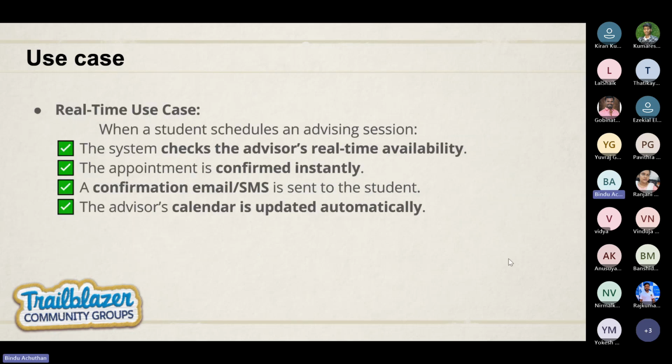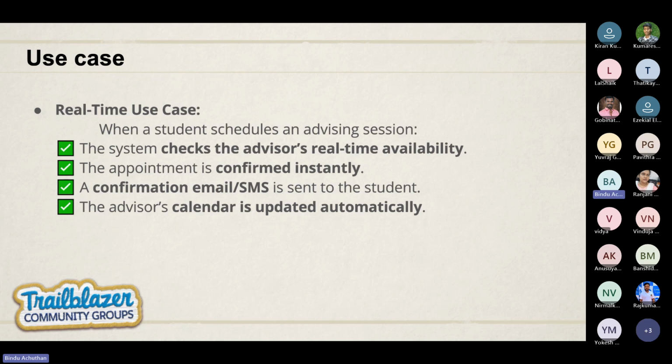Here you can see a use case where the student schedules an advising session. When the student schedules an advising session using Salesforce Education Cloud, the system automates the entire process, ensuring a smooth and efficient experience for the students and the advisors. Refer to the 4 steps. The system checks the advisor's real-time availability so the student can select their preferred advisor, date, and time using the student portal.